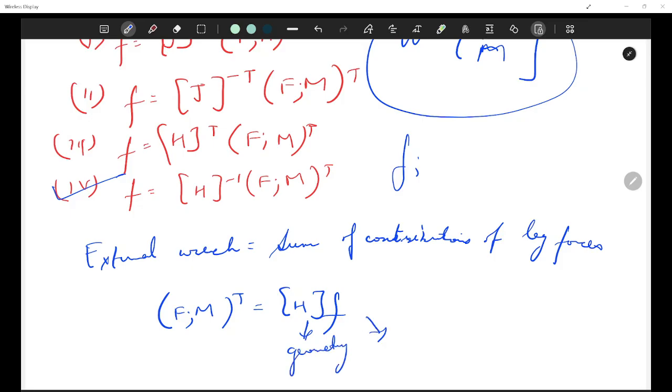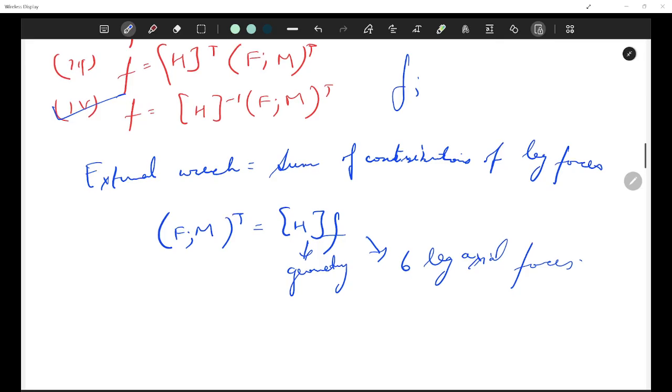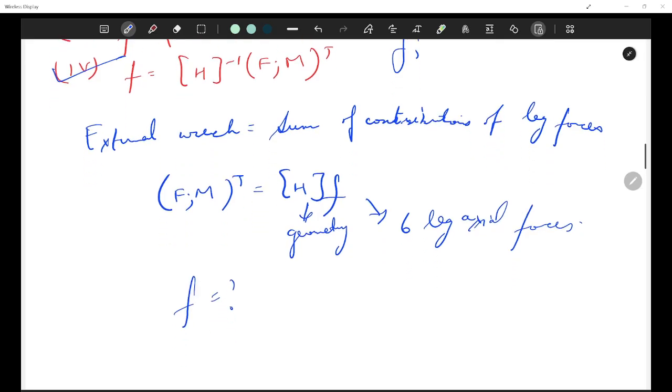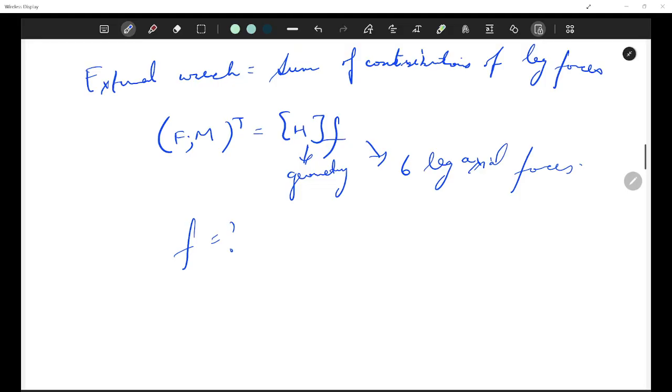Leg directions and moment arms, etc. And F is the vector of six leg axial forces. Okay. After this, you solve for the leg forces. Whatever you get, you multiply both the sides by H inverse, right? And then you get the option which is correct. So that is why this is correct.